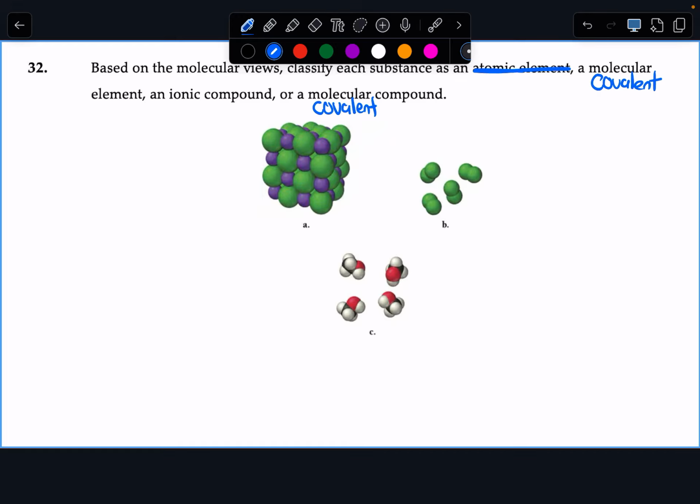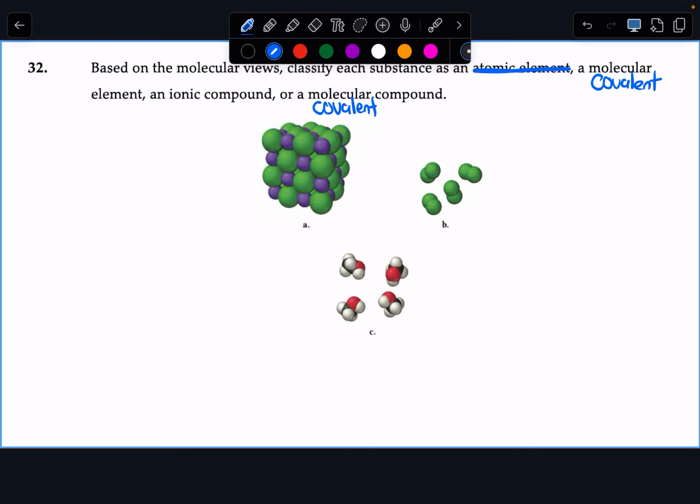So initially people might be like, how do I tell if it's ionic or covalent if the elements aren't labeled, right? How do I know? Well, B and C, you can tell, are individual units that are separated from each other, and same thing here. That is an indicator that it's a covalent molecule. Ionic compounds do not form these individual units.